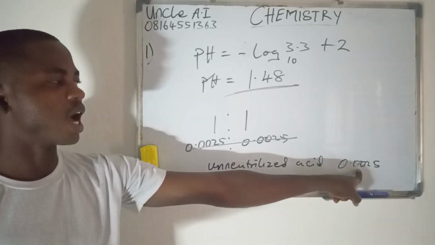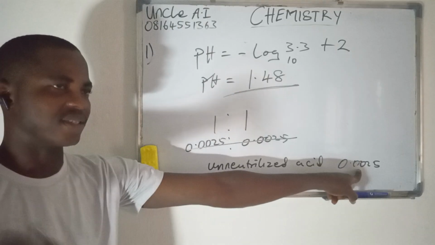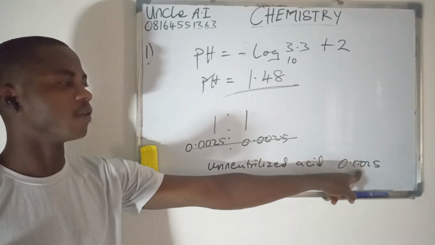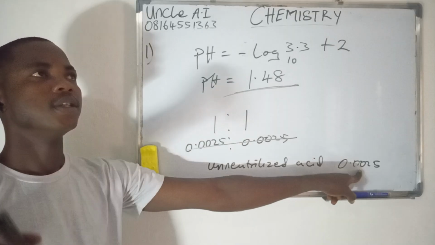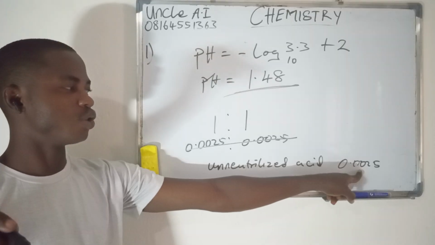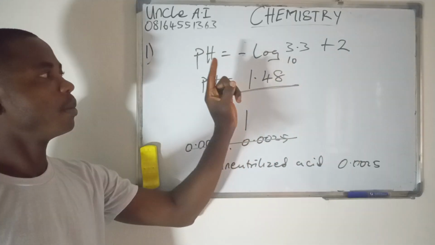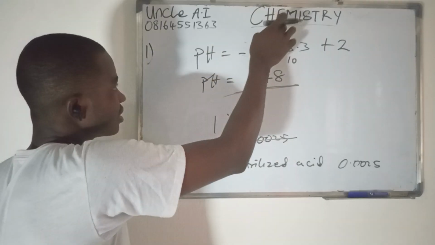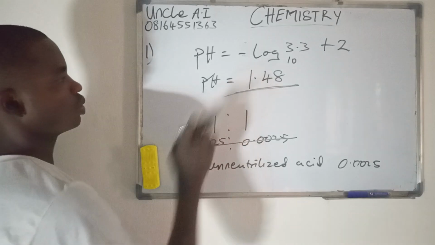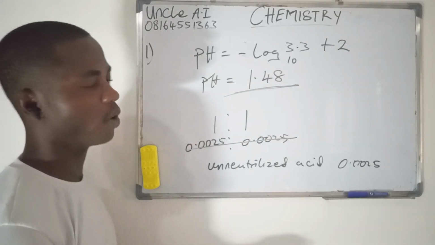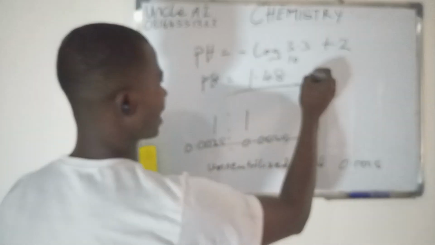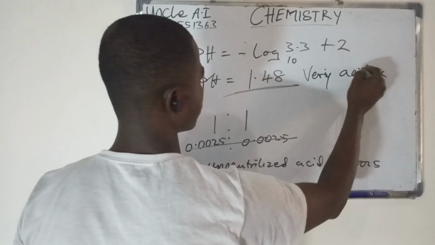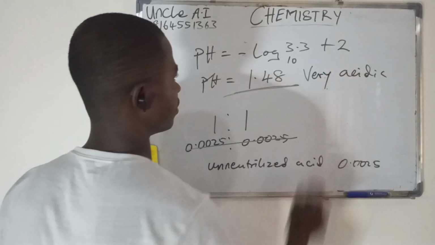So this is the amount of hydrogen ion that was present unneutralized. And when we check the concentration of this amount in 0.075 dm³, it gave us 3.3 times 10 raised to the power minus 2. So when we use that concentration, we arrive at 1.48. So the solution is very acidic. Very acidic. The solution is very, very acidic.